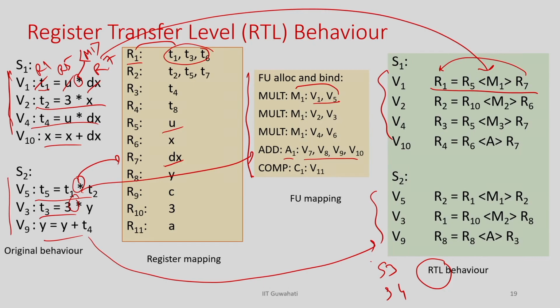Unless you make the connections from the registers to the FUs and to the registers again, you cannot realize these in hardware, and that is what is called data path synthesis. I only identified that I need 11 registers, 3 multipliers and 1 adder, but the connections from these registers to the multipliers, from these registers to the adder and so on are not determined yet. I have to determine those, making the connections among my components, registers to FUs and FUs to registers again, and that is what is called data path synthesis.